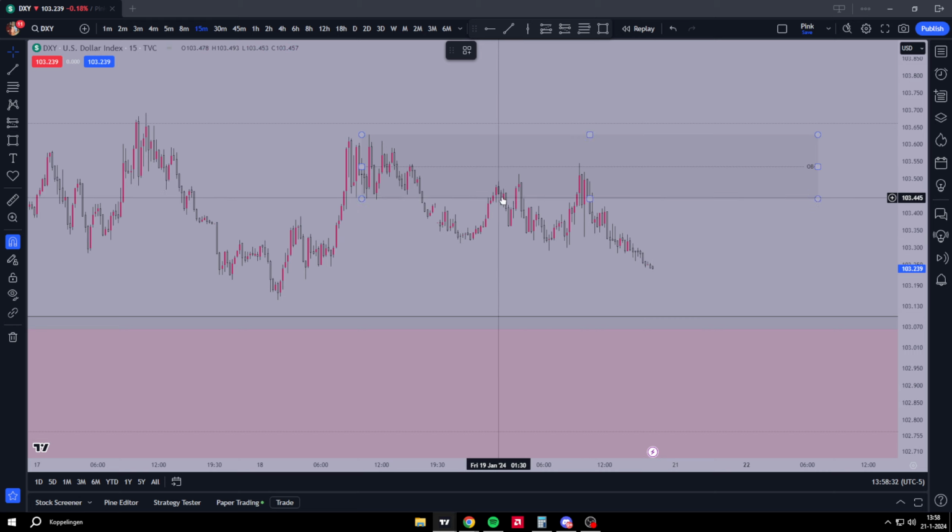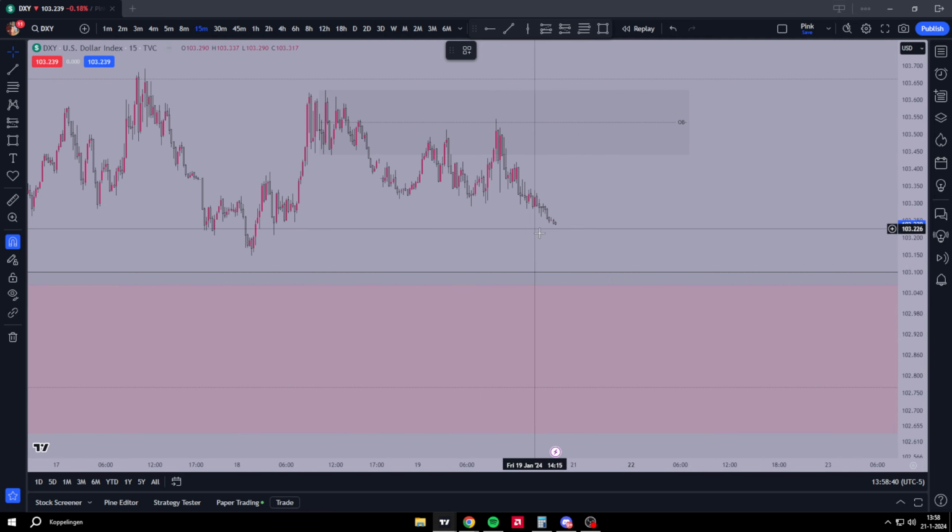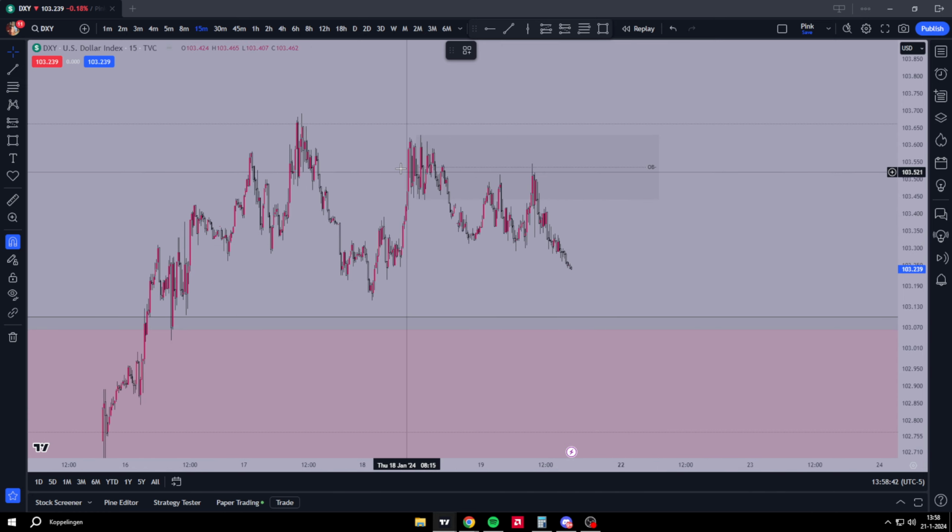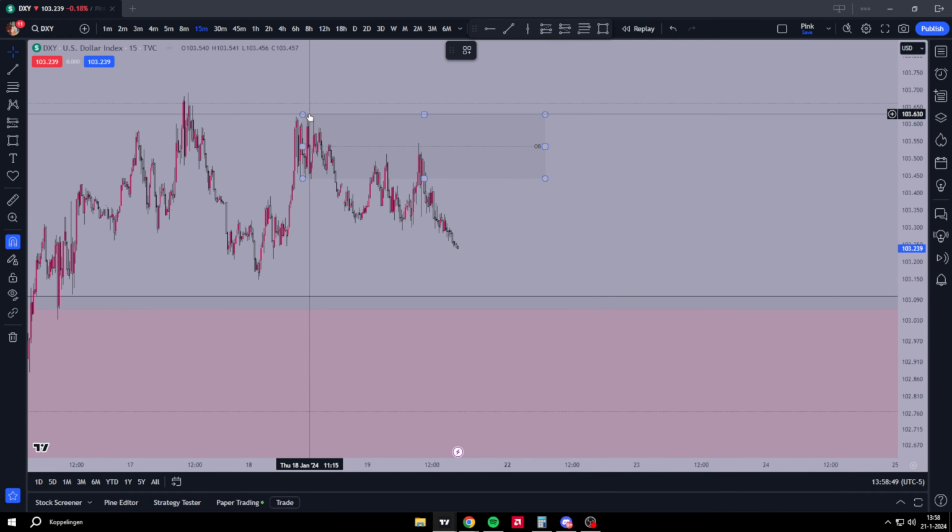So this could just be our accumulation here, this whole range from this to this. So somewhere in this range, and then we had our manipulation here, and then we're going lower. So I don't want to see us really go back here, and we could still see a retracement up here, but I don't really want to see this high and this high get swept there.